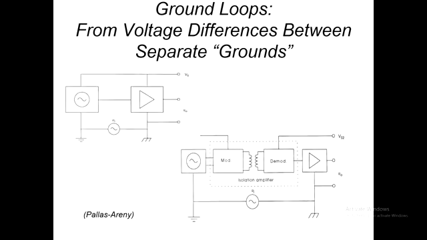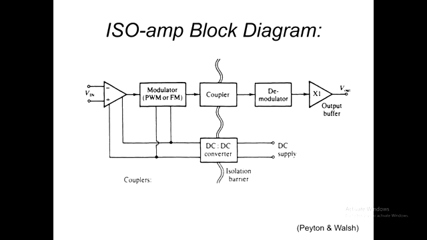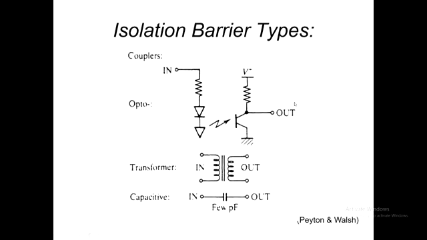And this is kind of indicating that there's a magnetic coupling, a transformer type coupling, which is one way of doing it. In general, we have an isolation barrier with some form of coupling, modulation on the input side and demodulation on the output side.